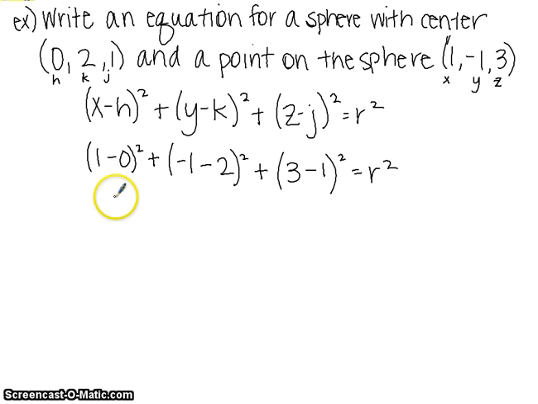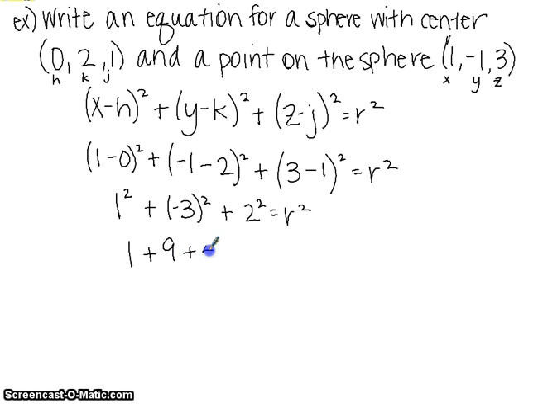Okay, so if we simplify this, we have 1 squared plus negative 3 squared plus 2 squared. So that's like saying 1 plus 9 plus 4. So it looks like we have 14 equals r squared.